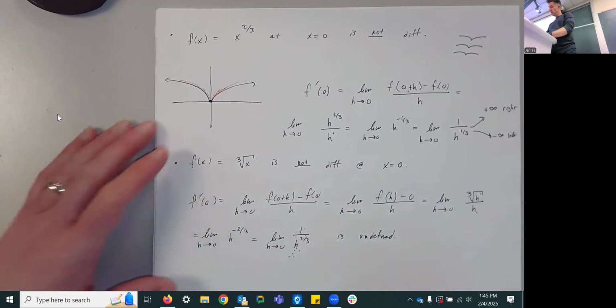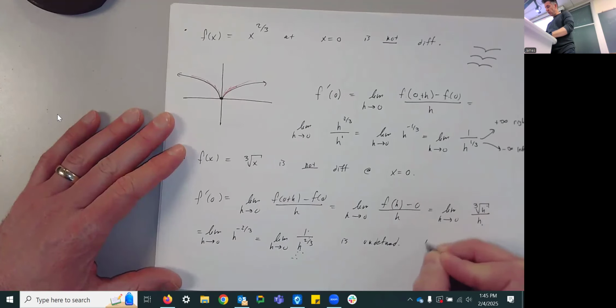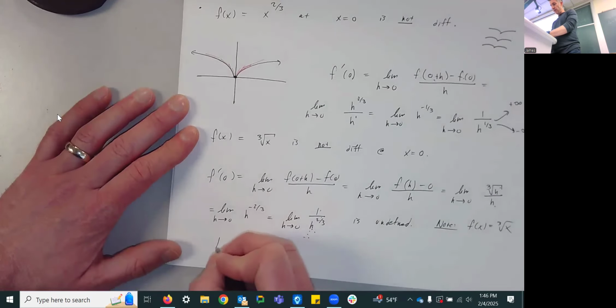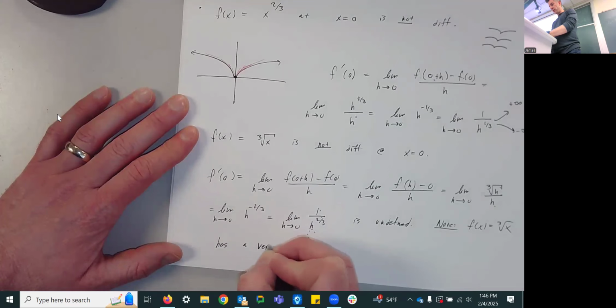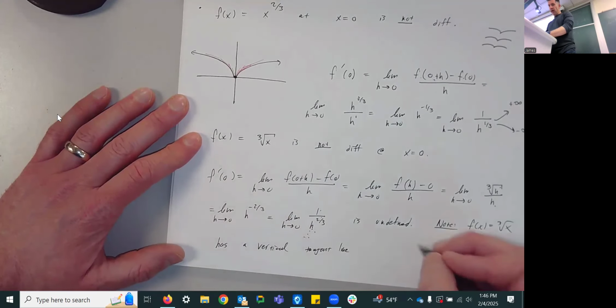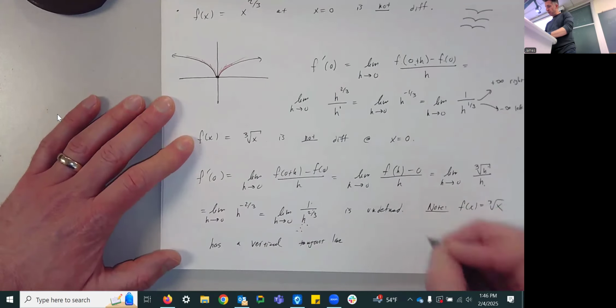Note that f of x equal to the cube root of x does have a vertical tangent line at the origin.